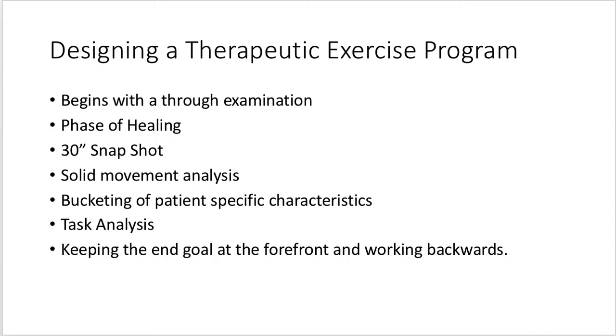We just talked about task analysis. It's really important. And then make sure you keep the end goal at the forefront. Oftentimes you're going to work backwards. If I have someone coming in and their end goal is that they want to return to swimming, well, maybe what I have to consider is swimming is not vertical, it's horizontal. It's in the water.